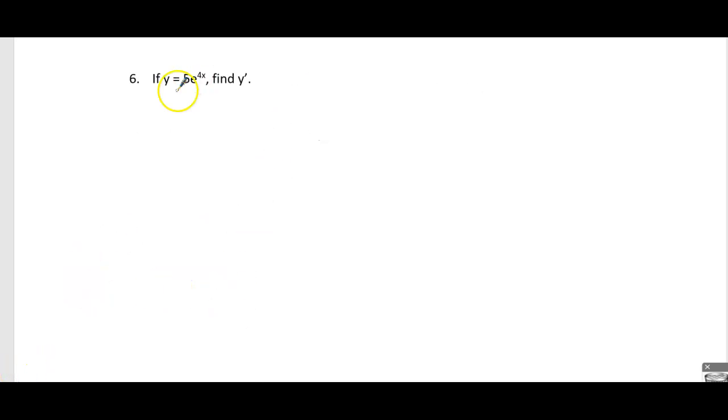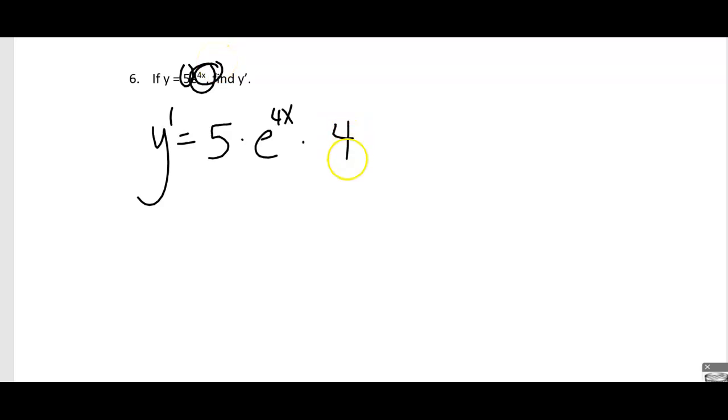This one's a lot like number 4, but it just has some additional stuff on it. So here we go. The 5, if we take the derivative, is just going to stay because it's a constant multiple. Also, when you take the derivative of an e function, it stays exactly the same. But we do need to multiply by the derivative of the inside, which is 4.